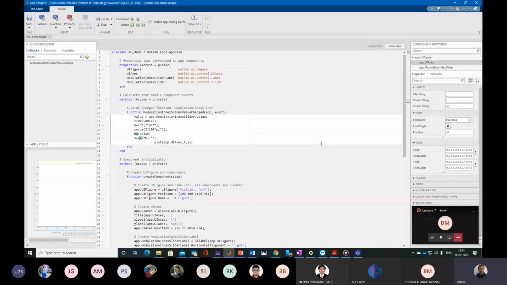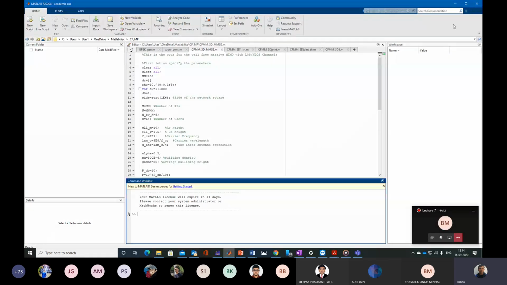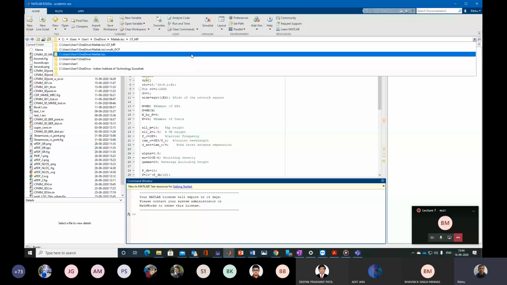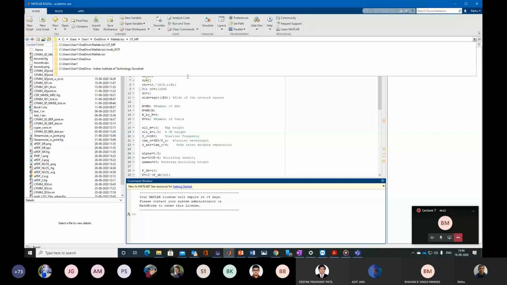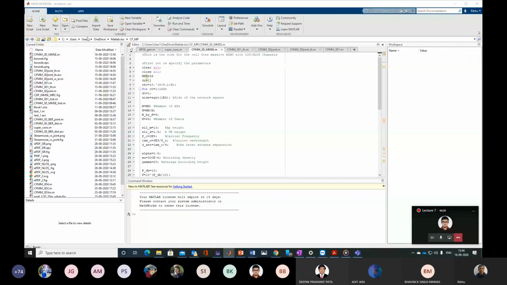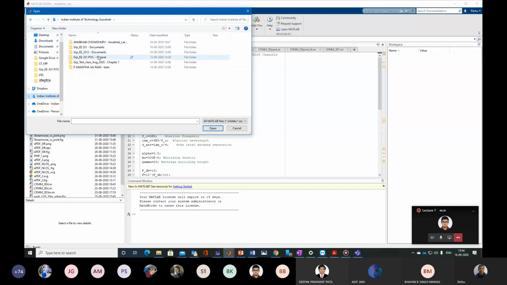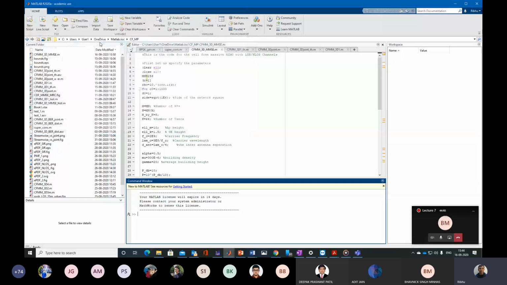I'm simply removing this 1 plus term. All the MATLAB code is available in the SharePoint folder. This is the SharePoint folder, and this is the MATLAB app.